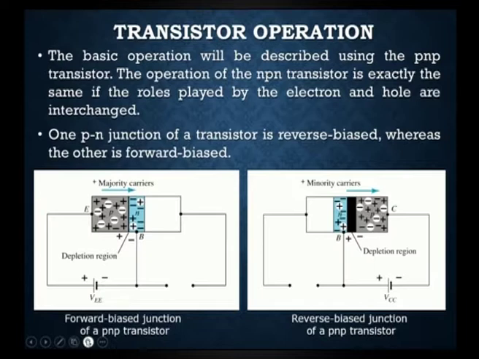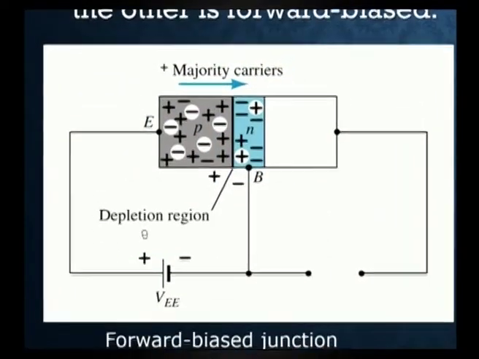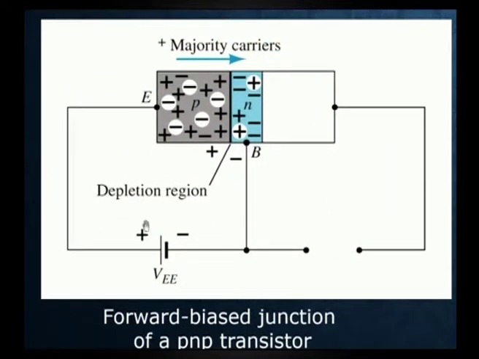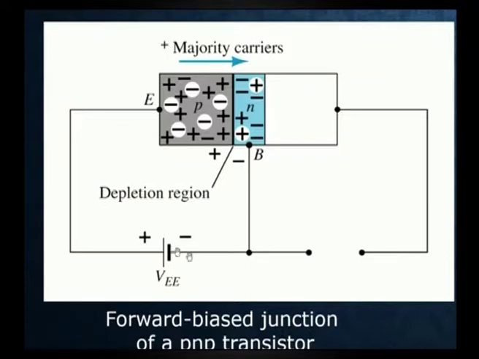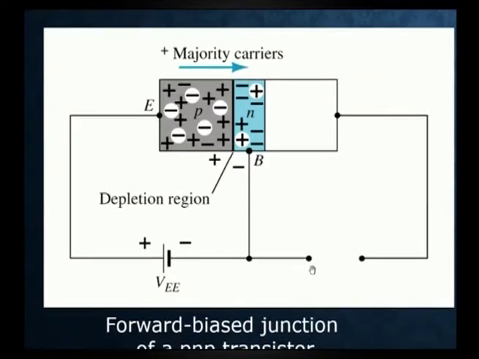For the first case, we consider the forward bias junction of the PNP transistor by giving only the emitter voltage. The emitter voltage is given across this PN junction, and the base voltage, that is the collector voltage, is removed.